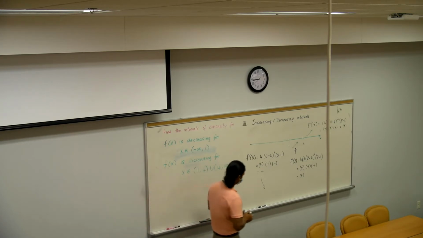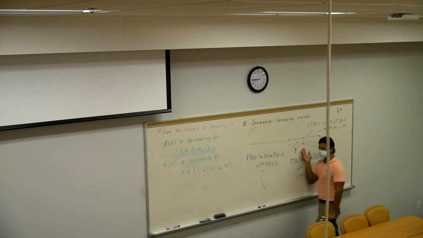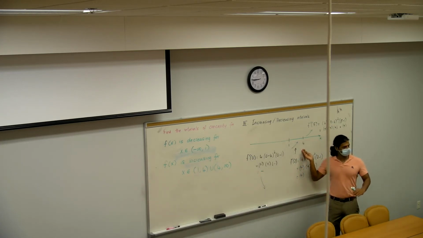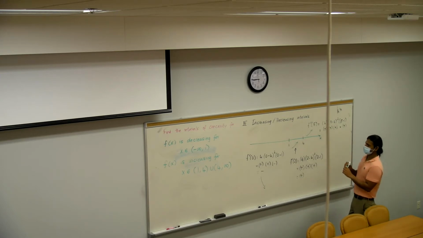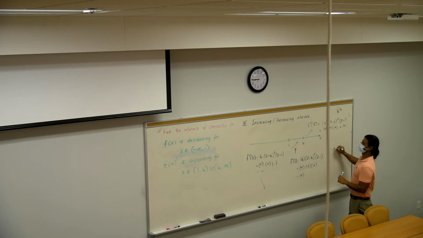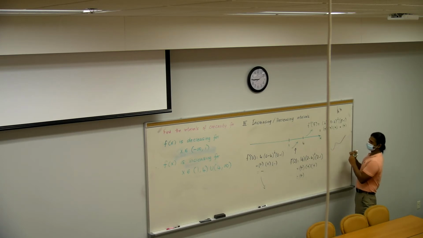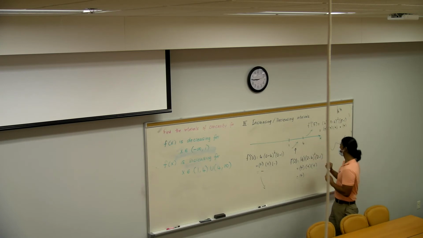Right. A critical value is a value where the derivative is 0. If the derivative is 0, the function is neither increasing nor decreasing at that instant. In other words, it is constant. So if I have to hypothetically draw a curve, it will probably touch and turn right there.